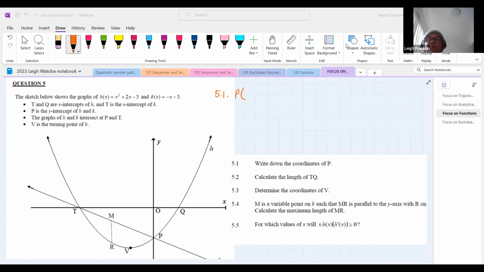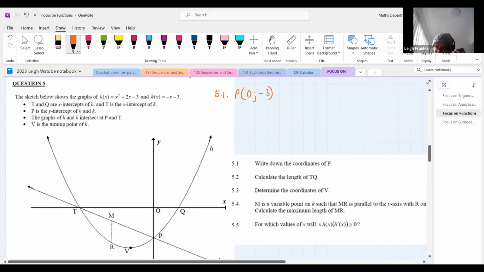There we go. Okay, so be very careful, guys. When they ask you for coordinates, give them coordinates. Very important that we do that. Yes, x would be equal to 0. You're quite right, Mbali and Zanele. And y would be equal to -3. Quite right, Gugu. So it'd be 0 and -3.